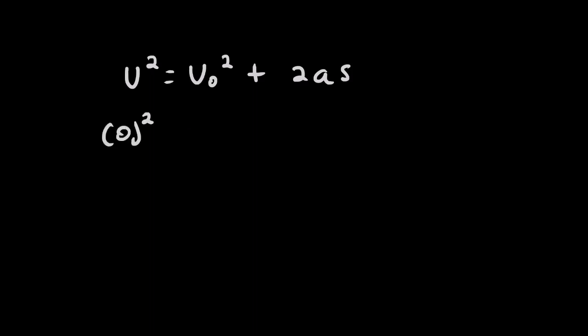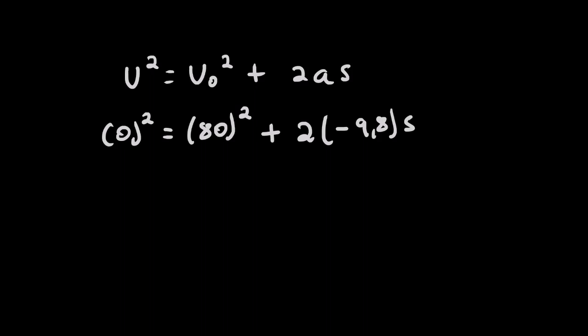So the final velocity is 0 squared. Initial velocity is 80 meters per second upward. So we have a positive 80 squared plus 2. The 9.8 is downward, so it will be negative. Then we have displacement. And then from here, 80 squared, it's 6,400. We transpose this, we're going to have negative 6,400 equals to 2 multiplied by negative 9.8, we have negative 19.6, then we have this s.